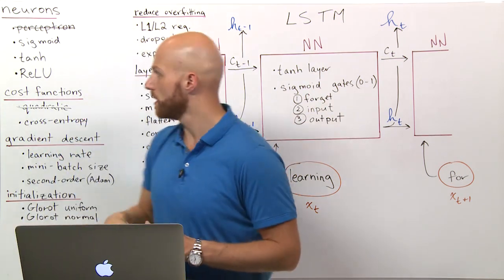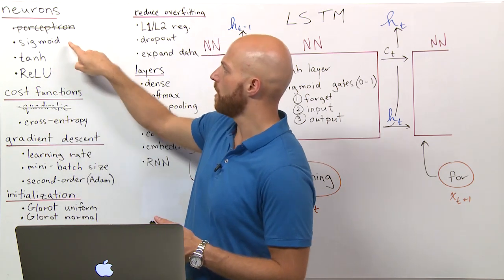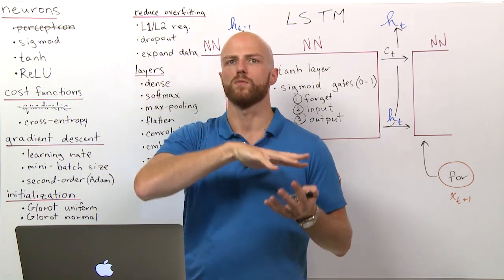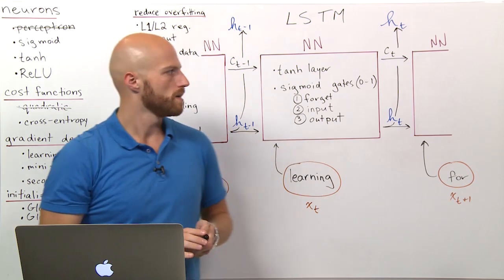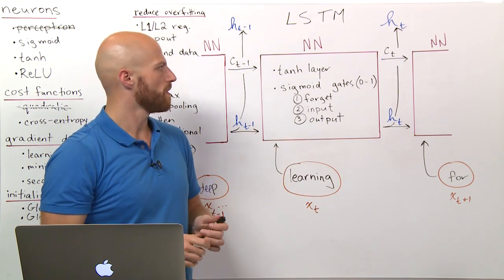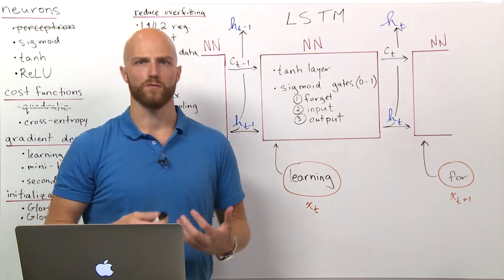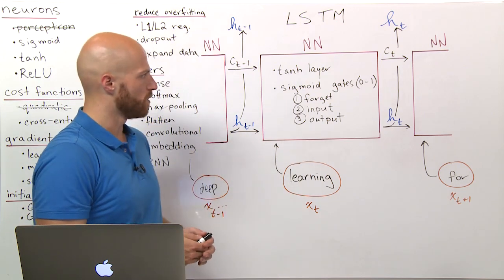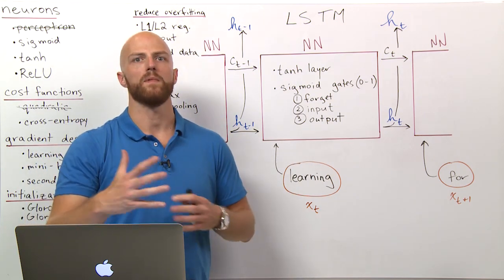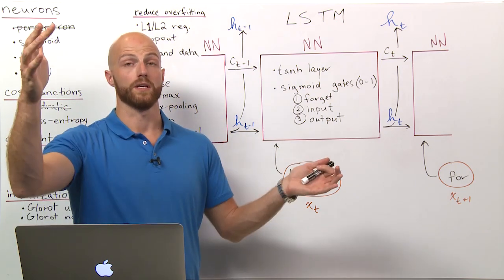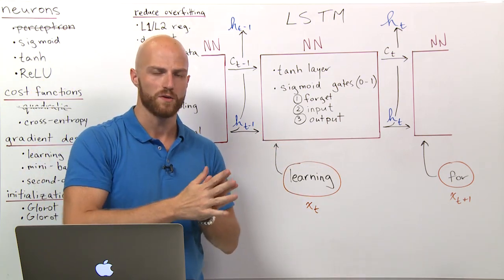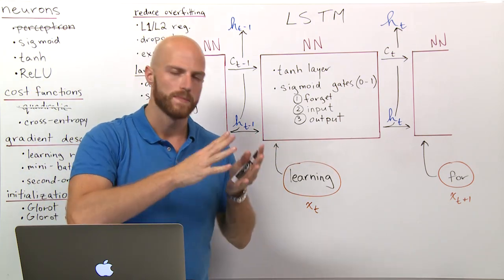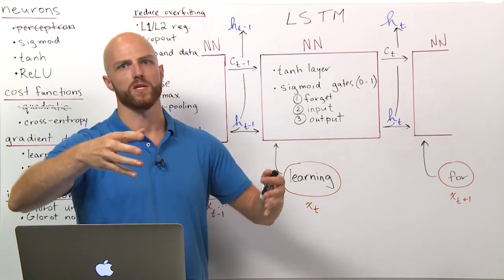Recall that sigmoid neurons have output values from 0 to 1. In this instance, that enables them to act as gates for information. They can decide how much information to pass through. Clearly, if they weight down to 0, then no information is being passed through. If they weight up to 1, then all that information is being passed through.